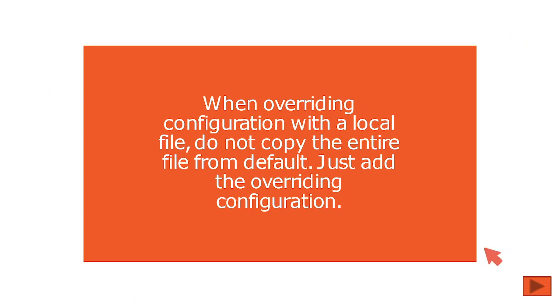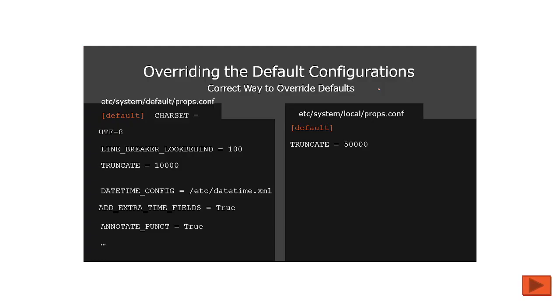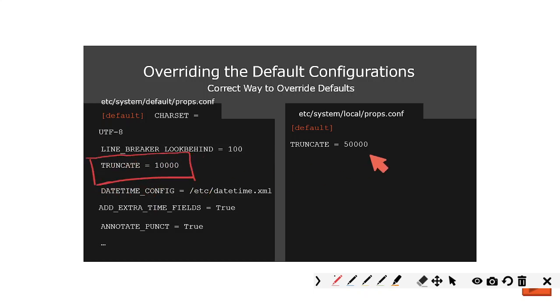It's just one piece of advice: whatever attribute is important from your perspective, just take that particular configuration. Do not copy paste the entire file. So this is an example. If I really wanted to override this particular attribute, I need not copy the entire text from this file.